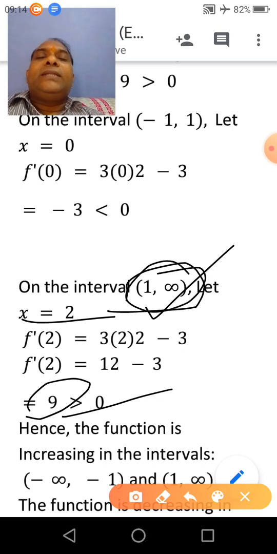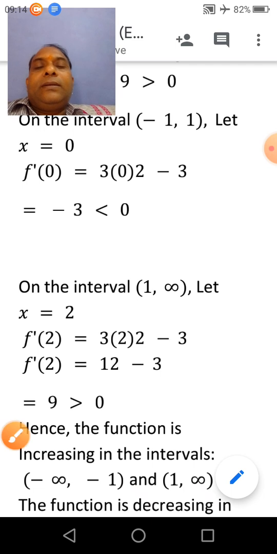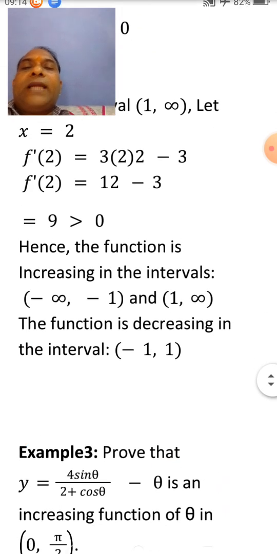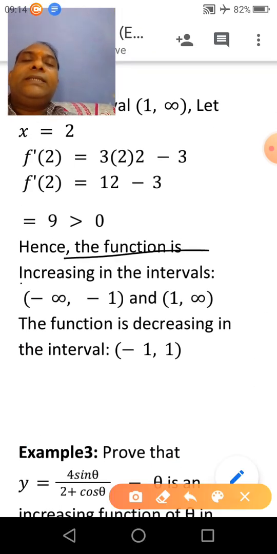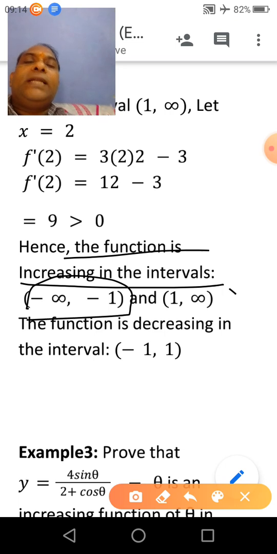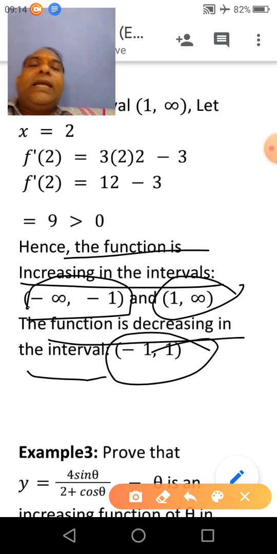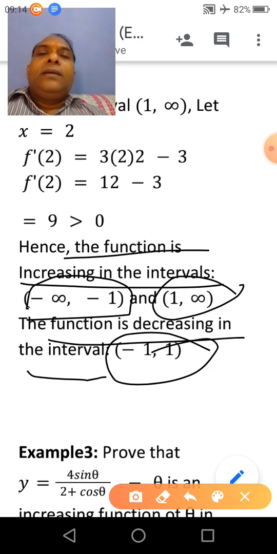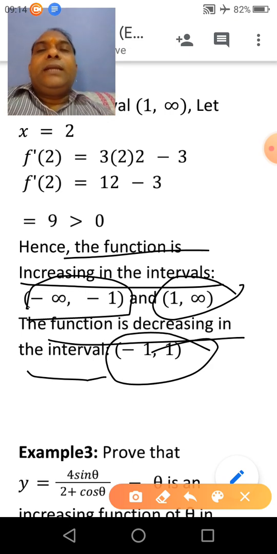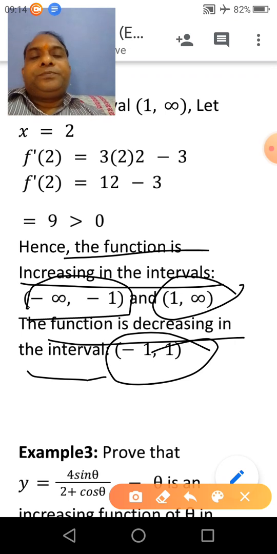So we can say that in the interval 1 to infinity, the function is increasing. So finally we can say that the function is increasing in the intervals minus infinity to minus 1 and 1 to infinity, and the function is decreasing in the interval minus 1 to 1. Clear, students? So you can find intervals easily.